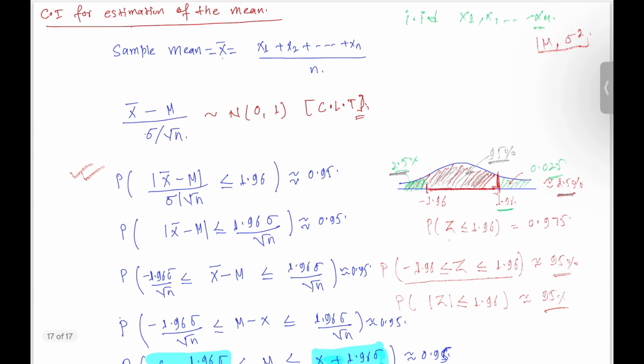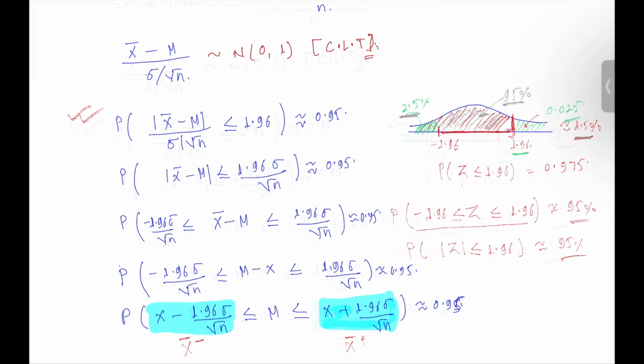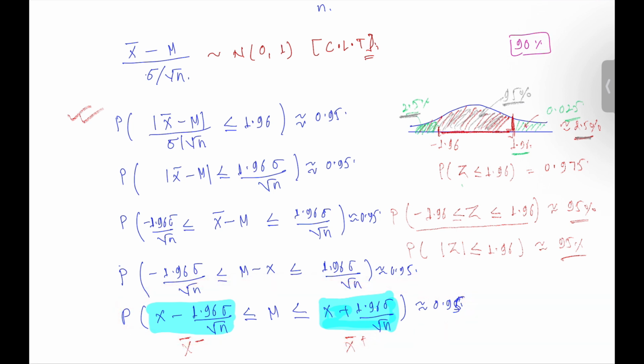right? Now suppose you would have to construct a 90%, so how do you construct a 90% confidence interval? This we have constructed for the 95% confidence interval.